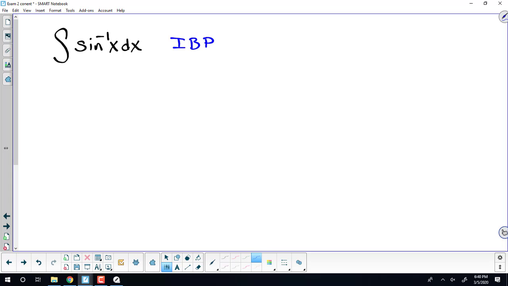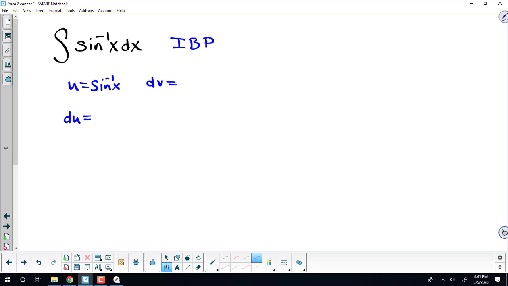Integration by parts. We have to choose our u and our dv. So what should we choose u as? Inverse sine of x. So that means we have to take the derivative for du.